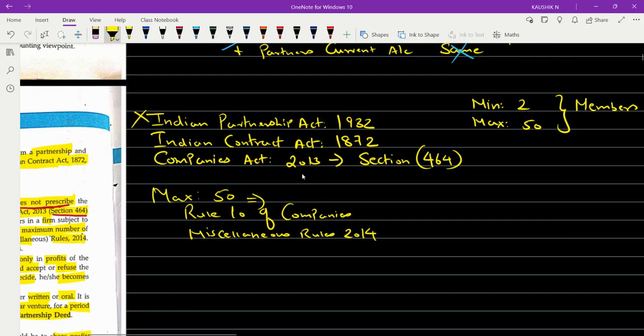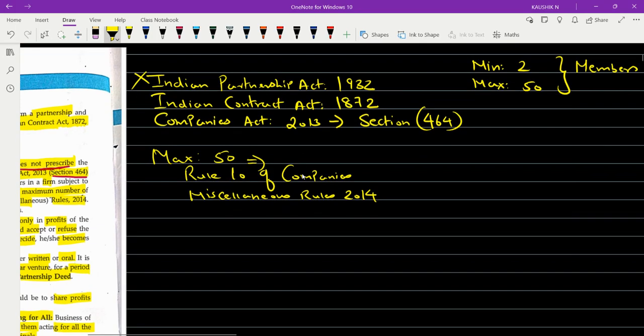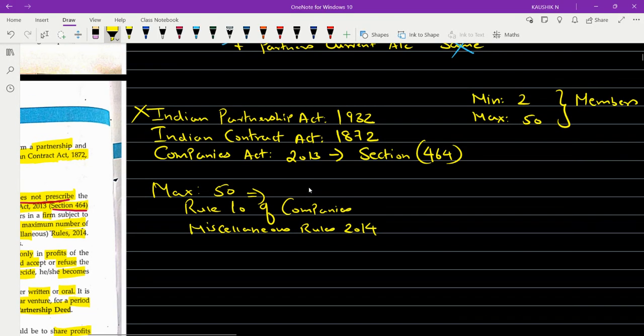The Indian Partnership Act is there to govern the partnership business, the Indian Contract Act to govern the agreement, and the Companies Act 2013 is for the companies. Each of these acts also emphasizes your minimum and maximum number of members. According to the Indian Partnership Act 1932, there are no maximum limits.